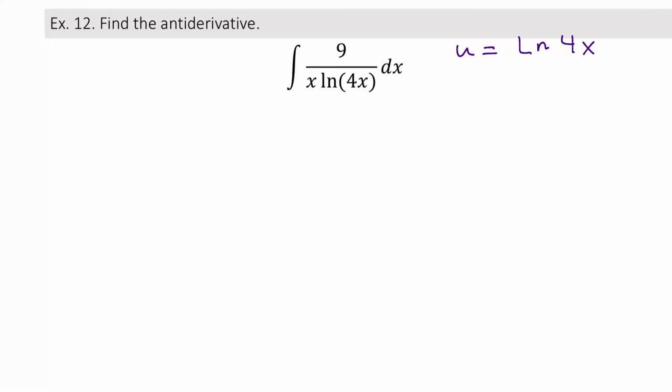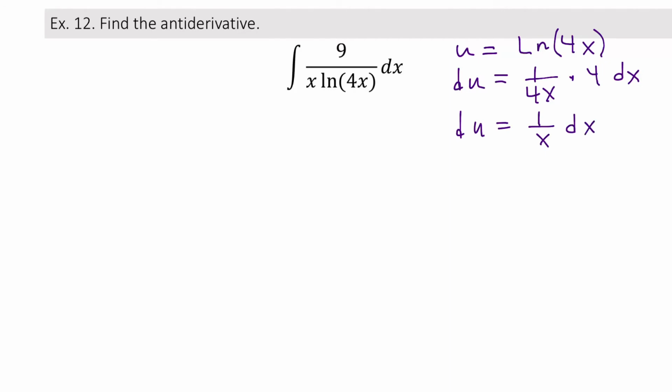So if u is the natural log of 4x, du would be 1 over 4x times, using chain rule, times 4 dx. Right, so that's du is equal to, canceling the 4's, 1 over x dx.